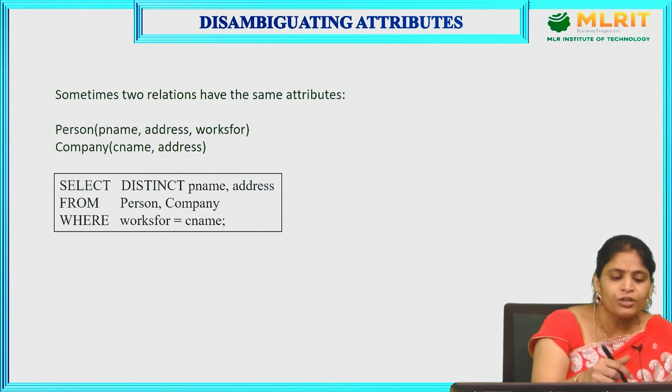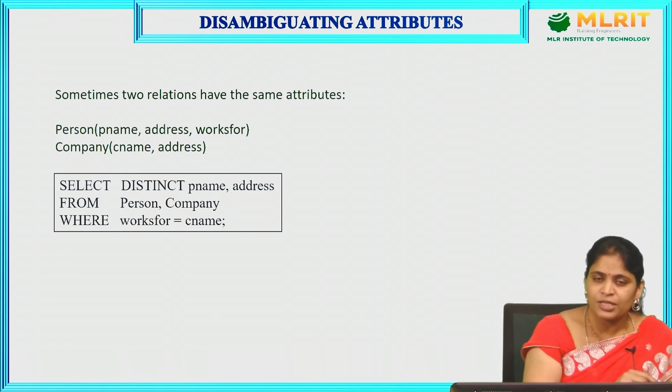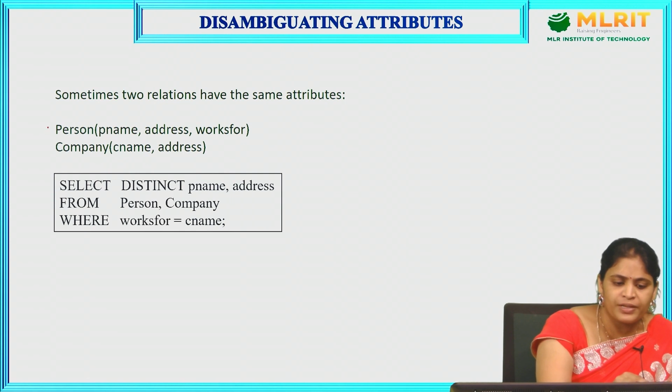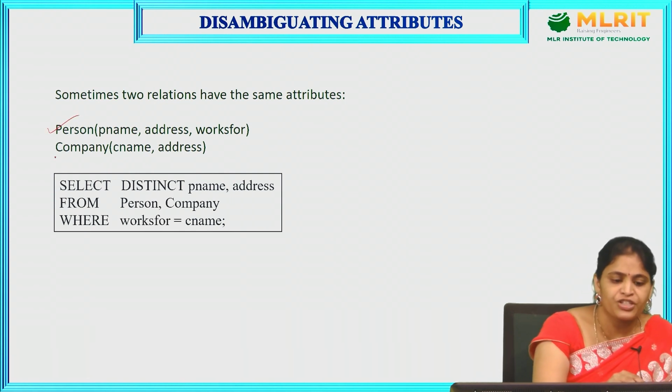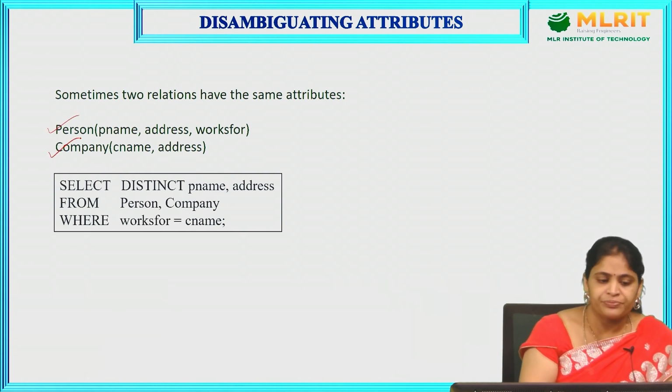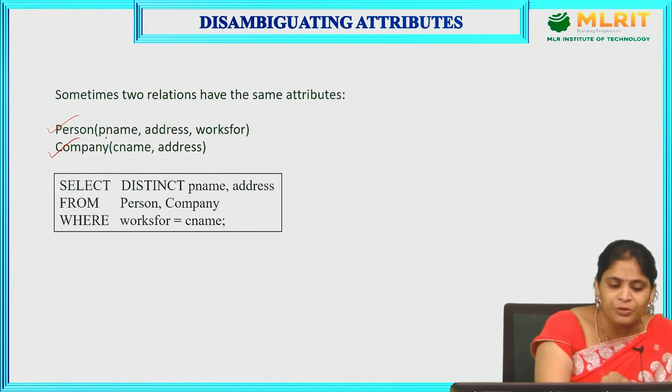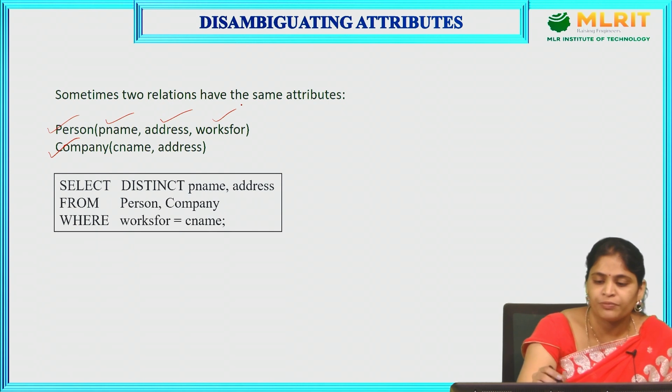Let us discuss this concept with an example. Person is one relation, company is one relation. Person contains the attributes pname, address and works for.